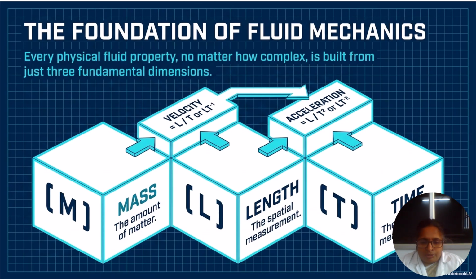Next, acceleration is given as L divided by T square, which can be written as L T power minus 2. So these are the basic equations for dimensional analysis, which we will see in the upcoming slides.